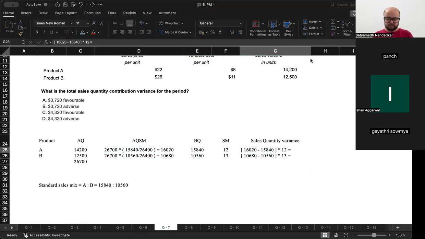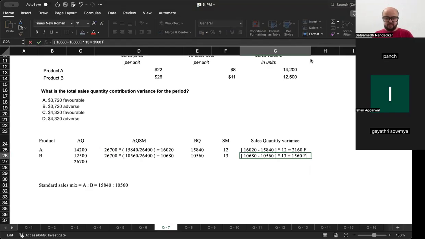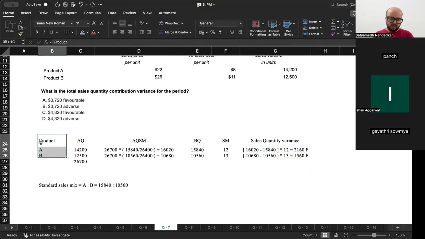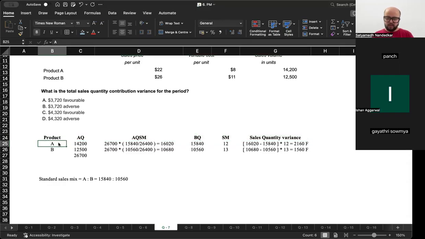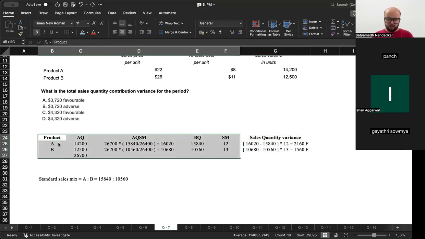So product A 2,160. Okay, favorable. And this one? 1,560 favorable. Okay. So what you have is your sales quantity variance, formula based approach.